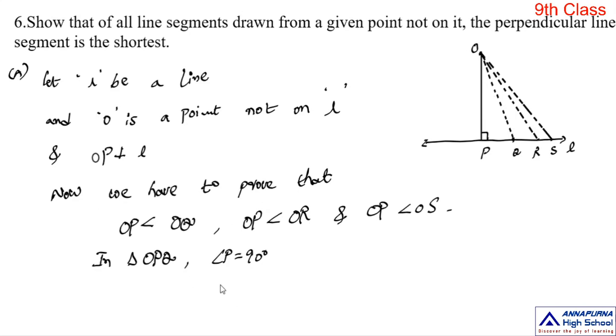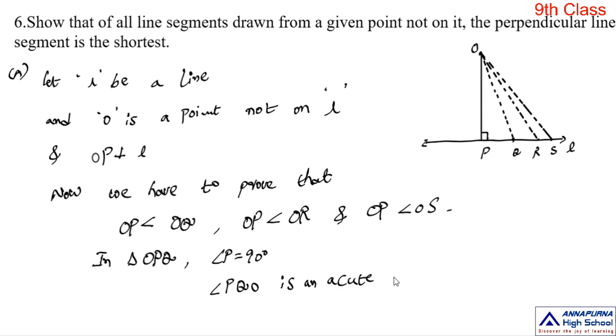So angle PQO is less than 90 degrees. Less than 90 degrees means it is an acute angle.